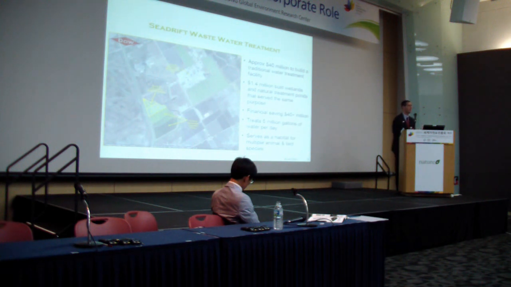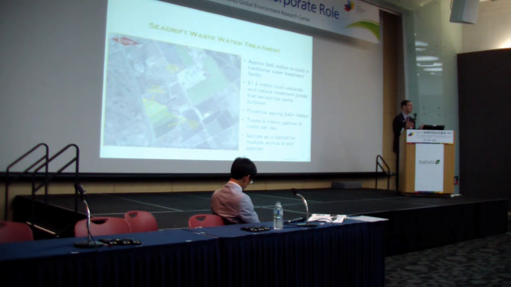This is one example from some of our Texas operations where we recognized the need for us to build a wastewater treatment facility. And when we considered options for that facility, we had two basic options. We could build a traditional engineering solution, a gray infrastructure solution, so to speak, to that problem.